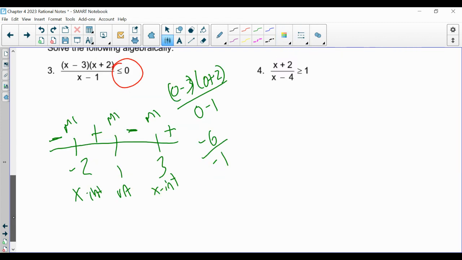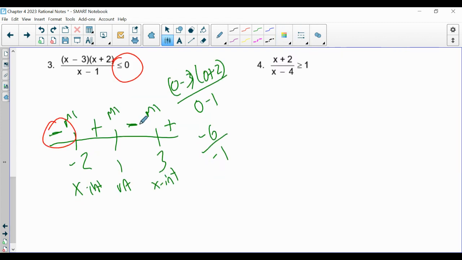And now this is where rationals become a little bit more difficult, because when you have or equal to, less than means the negative, and or equal to means I include the x-intercepts, the zeros. Okay, so in this case, I would say negative infinity to negative 2, parenthesis around negative infinity, but negative 2 is an x-intercept, so I include it.